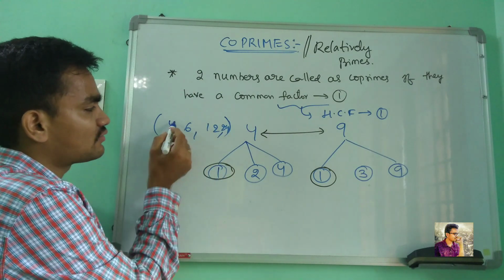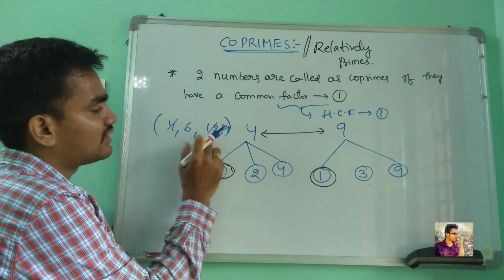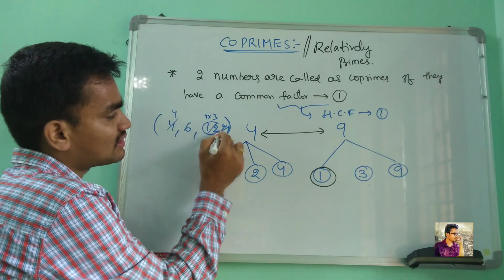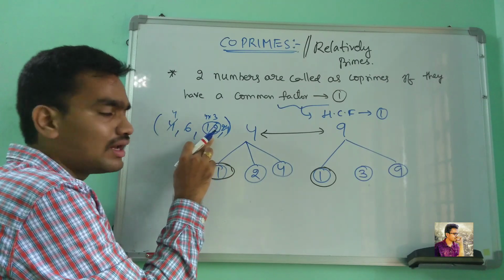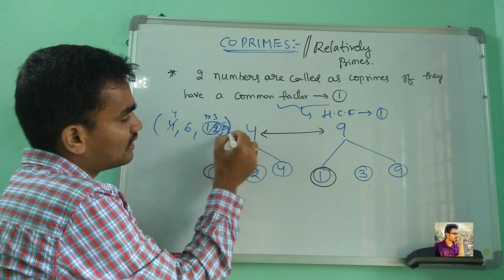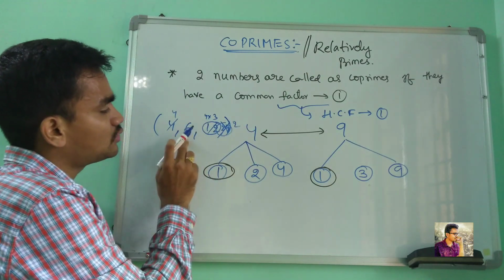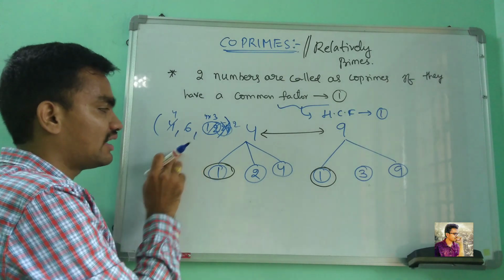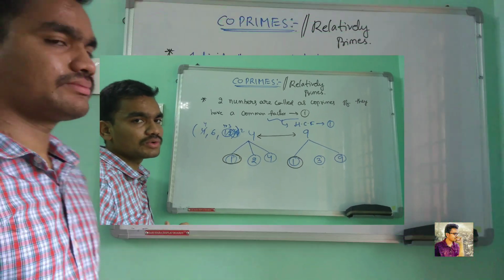For example, as 4 and 3 can be divisible, 4 threes are 12, so you can neglect the largest number, 12. Similarly 4 divides 24, so you can neglect 24, and these two are not divisible by each other, so you have to find the HCF of these two numbers and conclude.